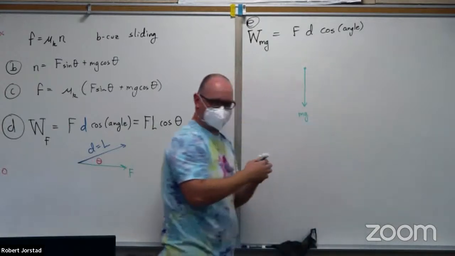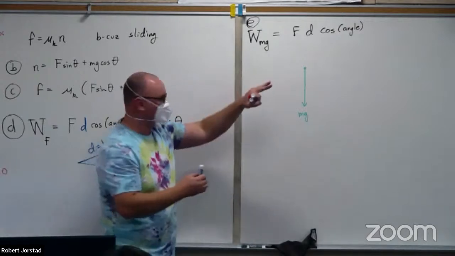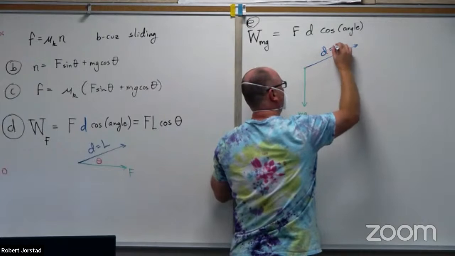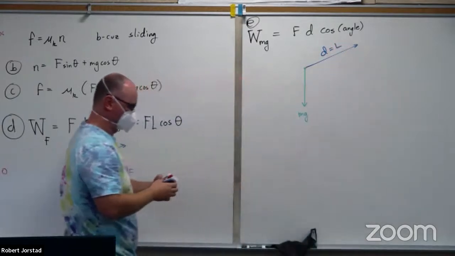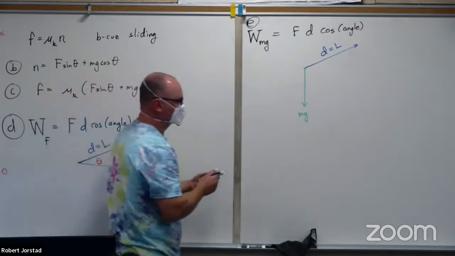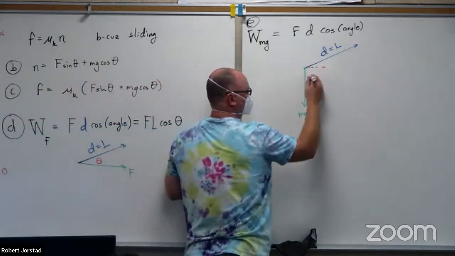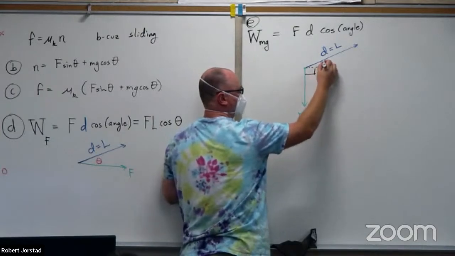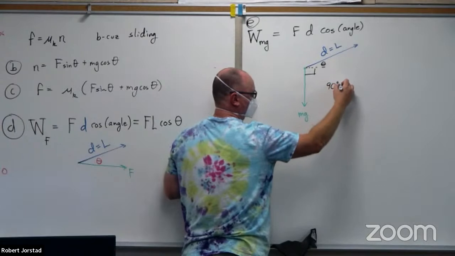Which way are we being displaced? What's the angle between them? What's this angle down here? That's 90. What's this angle up here? So it's 90 plus theta.